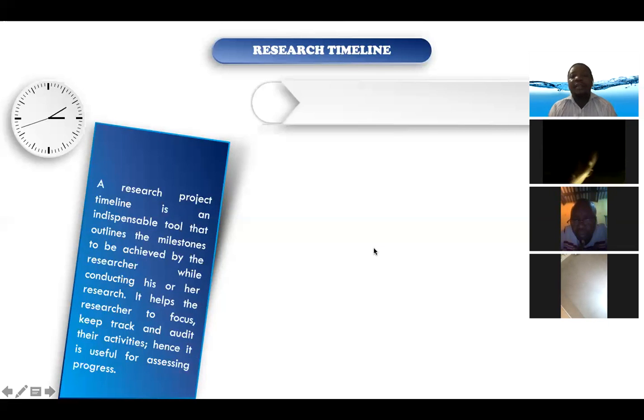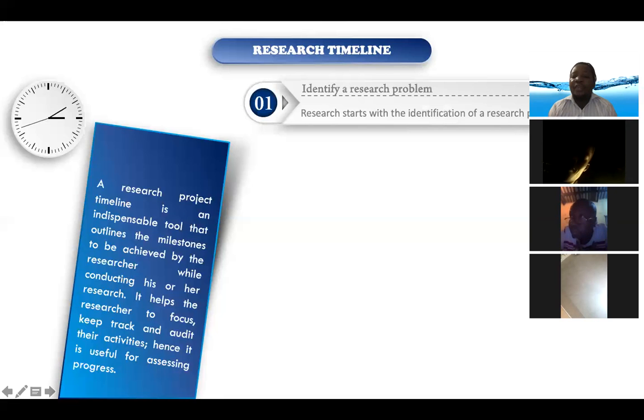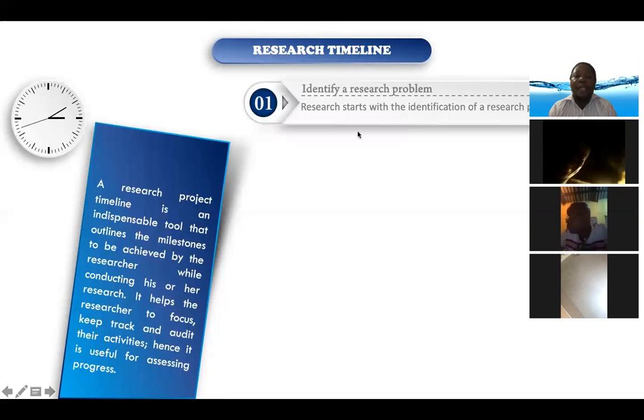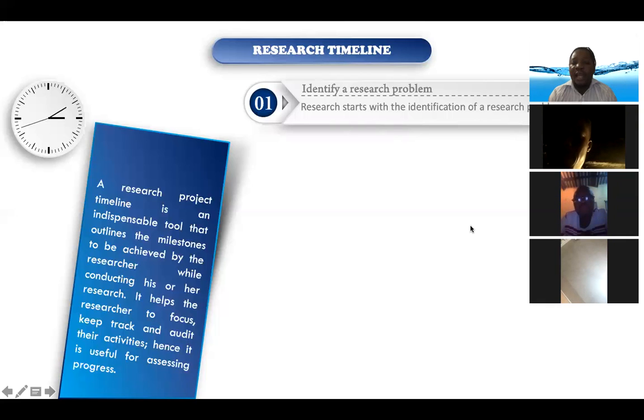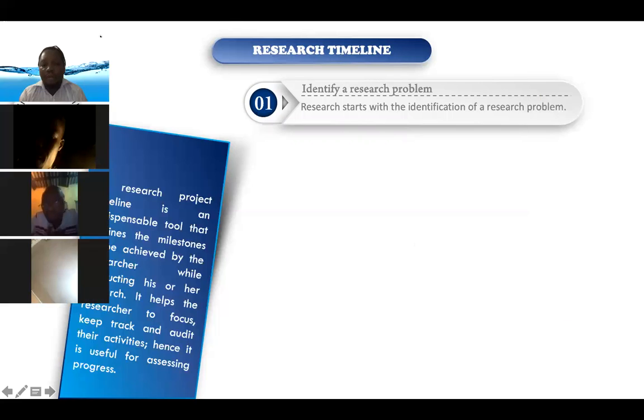And since we're talking about identifying a problem, your timeline is supposed to involve all these aspects, like identifying a problem, right? So when did you identify the problem? You know that research starts with the identification of a research problem. So how long did it take you to identify a problem?